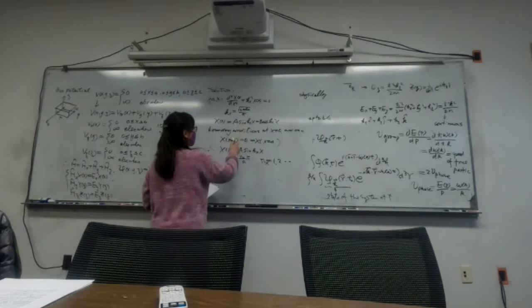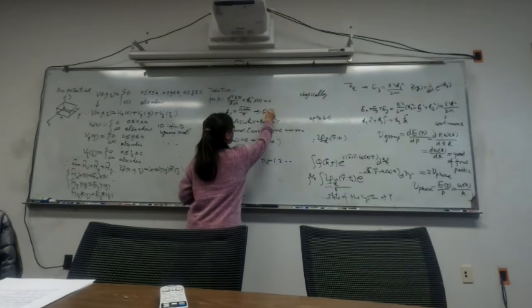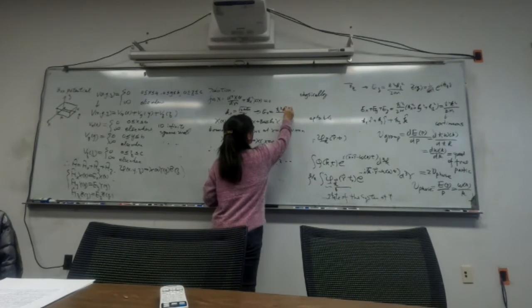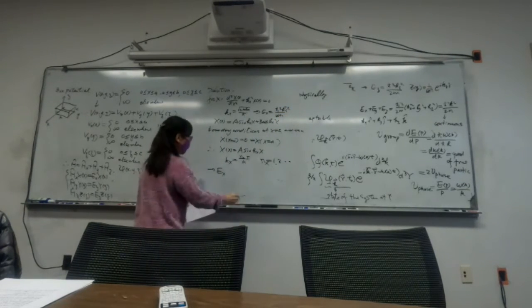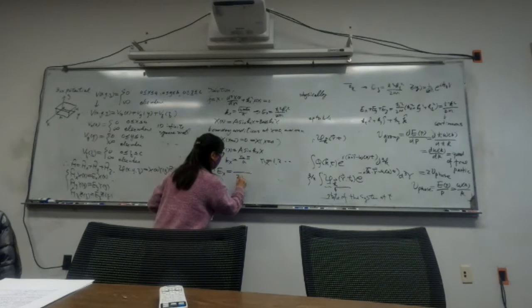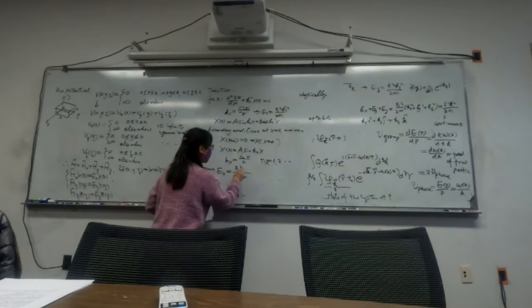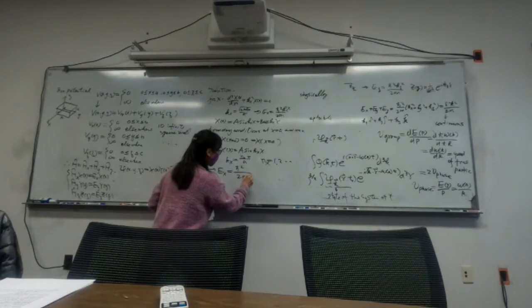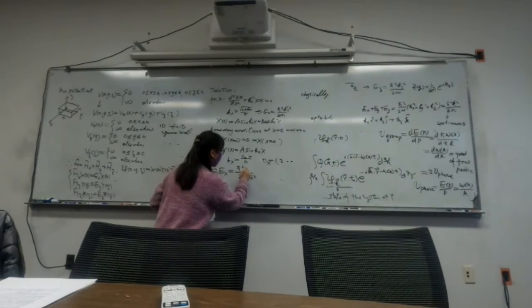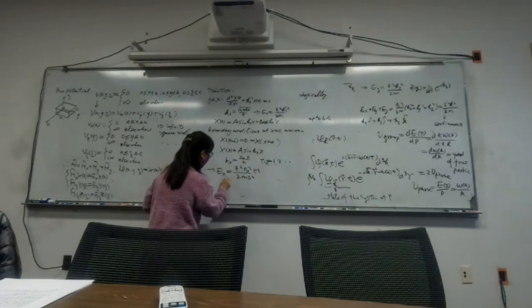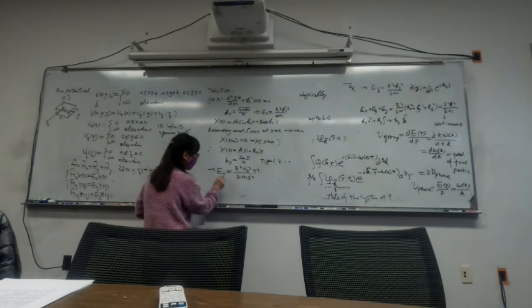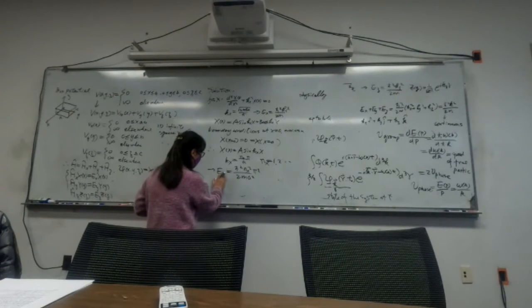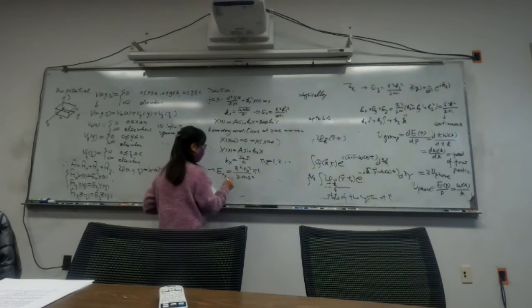E_x by this relation is ħ²k_x²/2m. So here E_x is ħ²k_x²/2m. Now k_x is equal to n_x π/a, so I'm going to use n_x as the index.